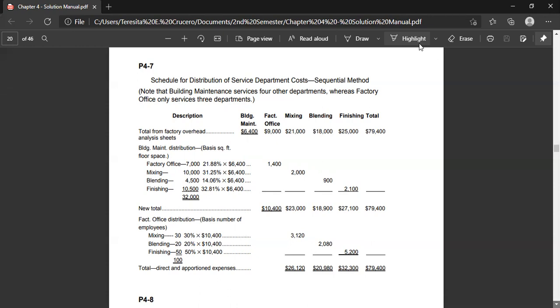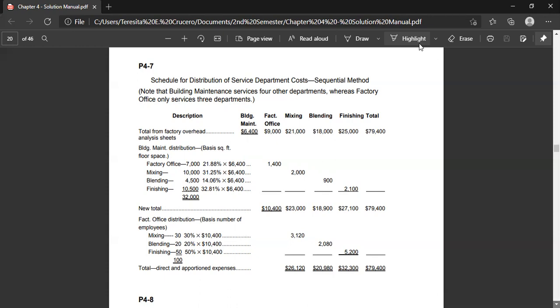Now again, take note that you are distributing the factory office cost of 10,400 after it received a share from the building maintenance department.